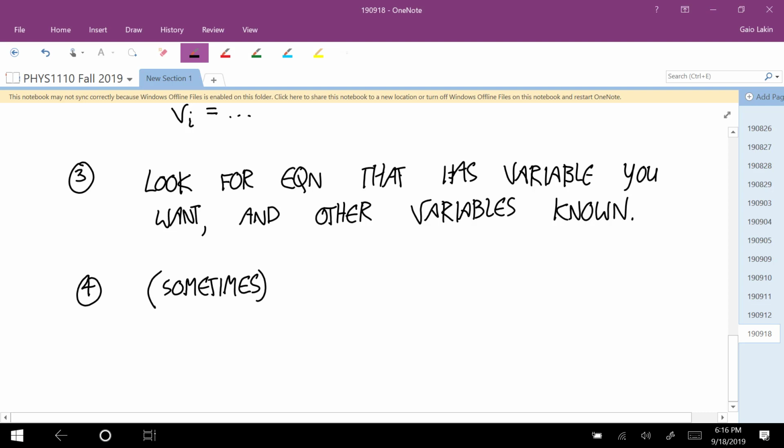If there isn't an equation that works, so if no equation works, solve for another variable that you don't know.